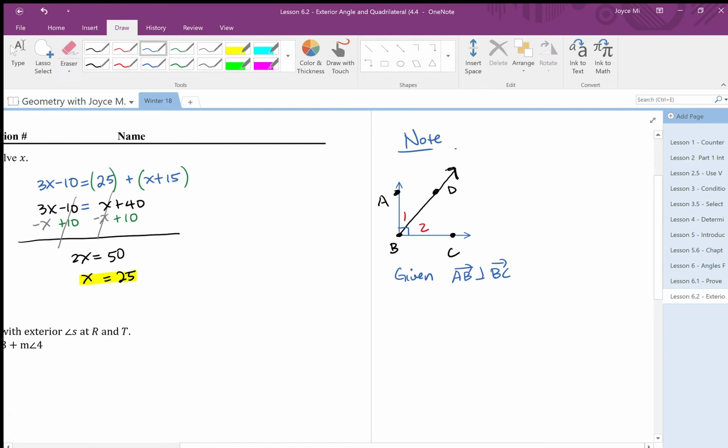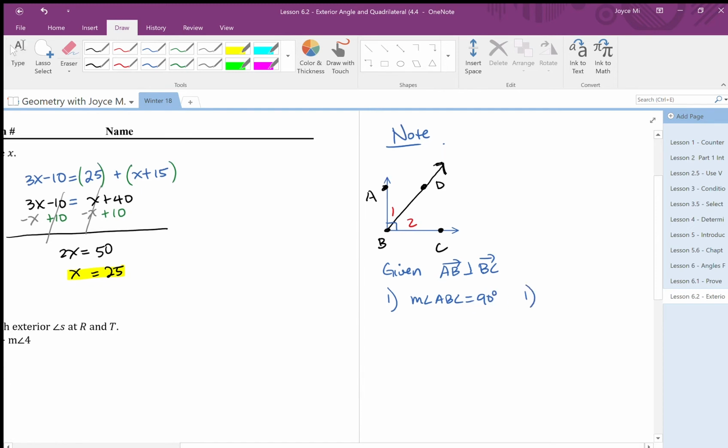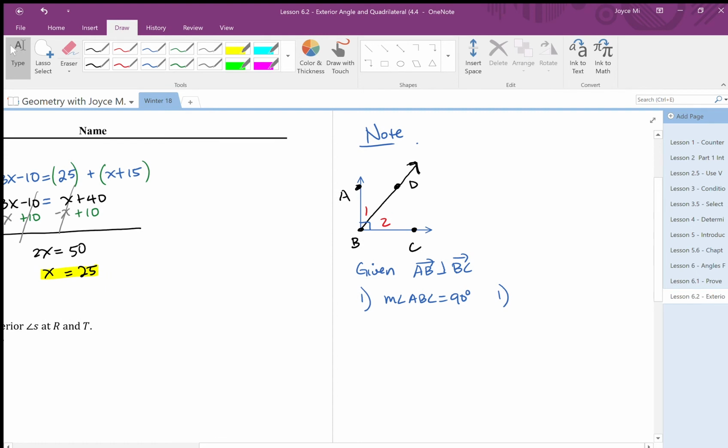Let me write the justification here. For 1, I will say that measurement angle ABC is equal to 90, right? That's your statement, and your reason goes on the right-hand side. The reason is: if two lines are perpendicular, the angle formed is a right angle, or a 90-degree angle.